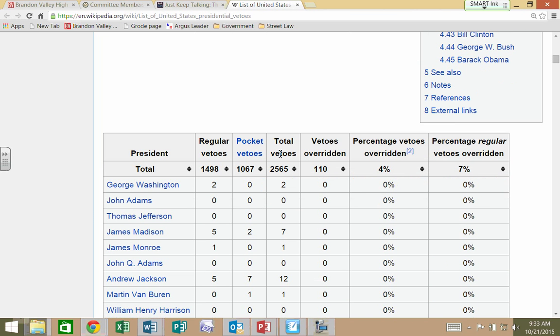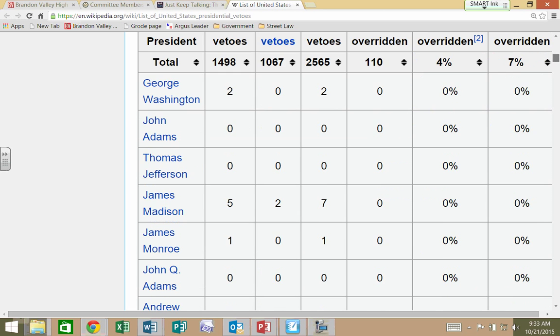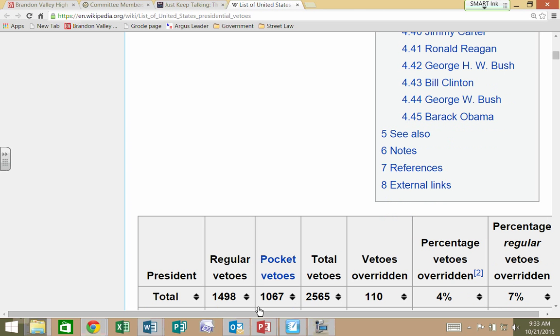We see here that there have been a total of 1,498 vetoes in United States history. Those are regular vetoes. Another 1,067 were pocket vetoes, and only 110 were overridden. That's about 4% of vetoes that have been overridden. So presidential vetoes, even though they can be overridden, are rarely overridden.